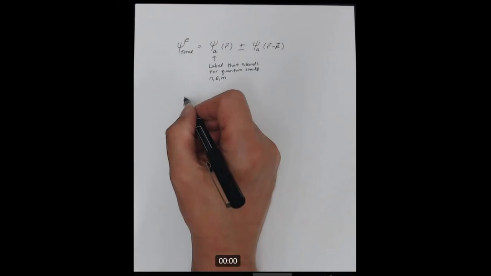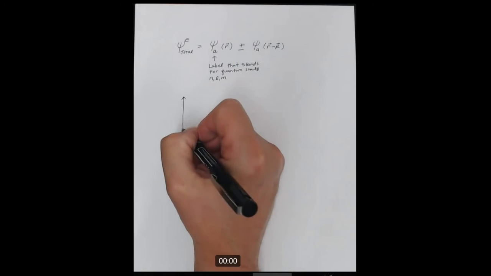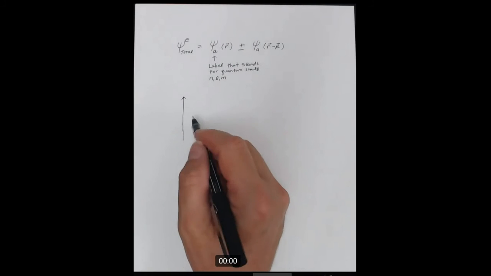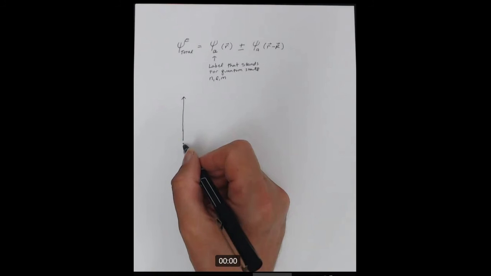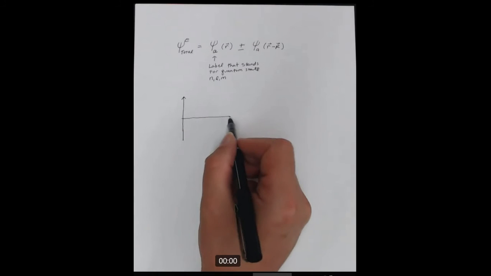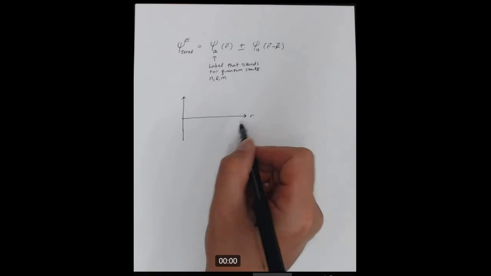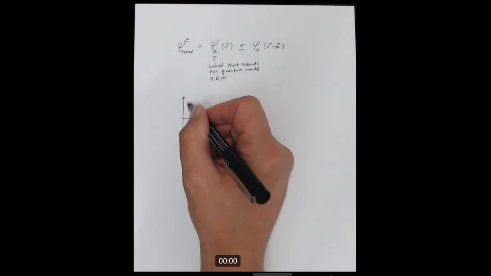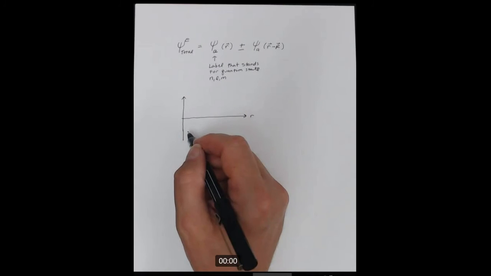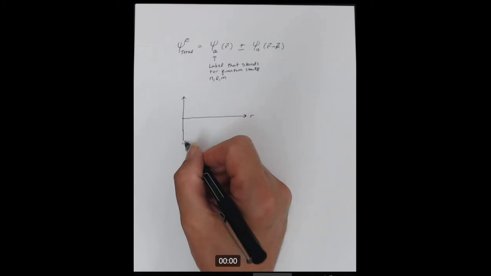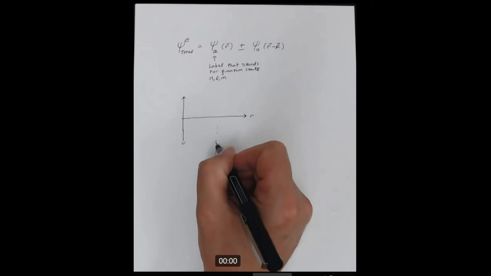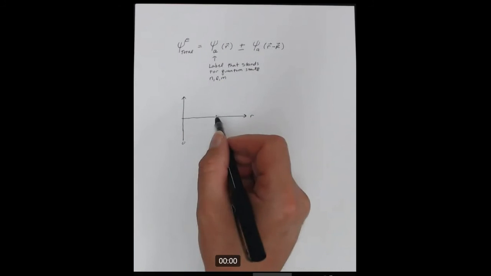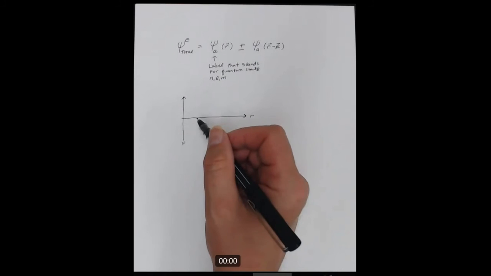Let's pictorially just try to represent that. So here is some distance this way. This is our wave function amplitude vertically. Here is 0, and let's say here is big R. So that's where our nuclei would be located.